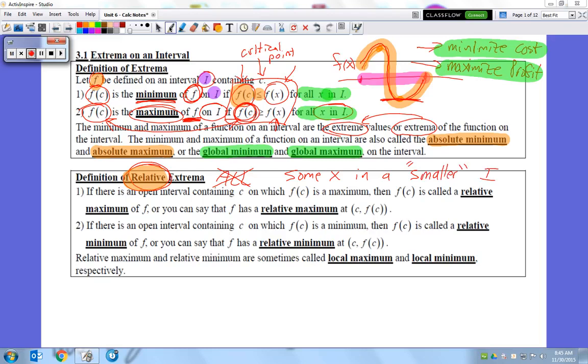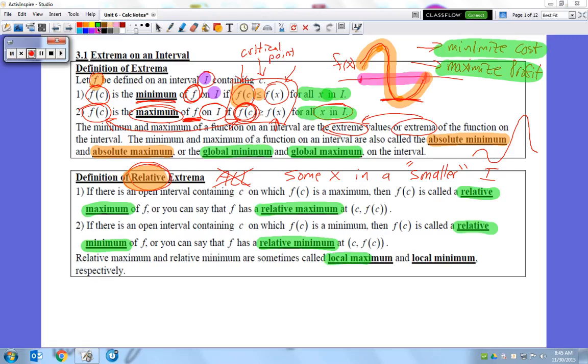Okay, so for instance, if I had a graph that looked like this, I would say that if I'm looking for relative, which is the same as local, let me come over here, relative minimum, relative maximum.